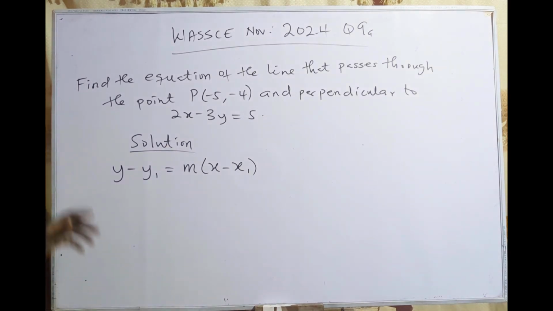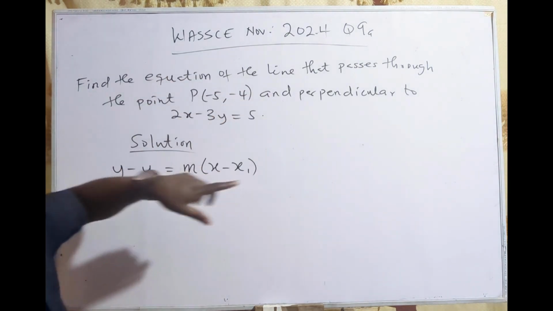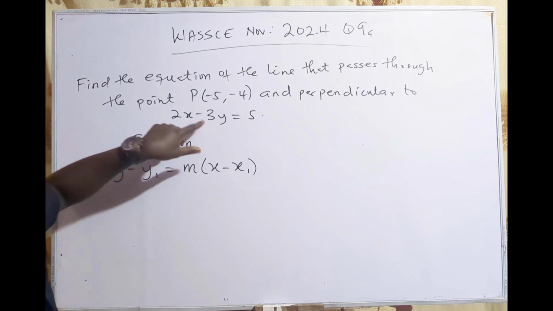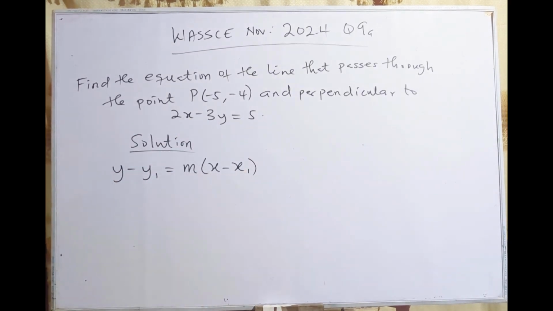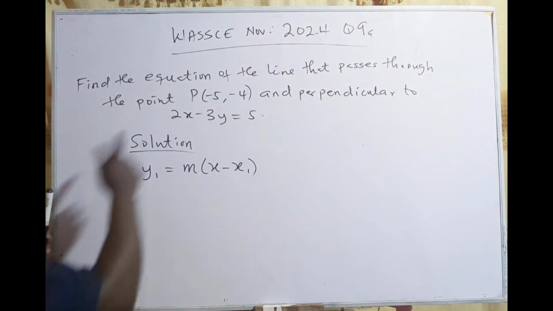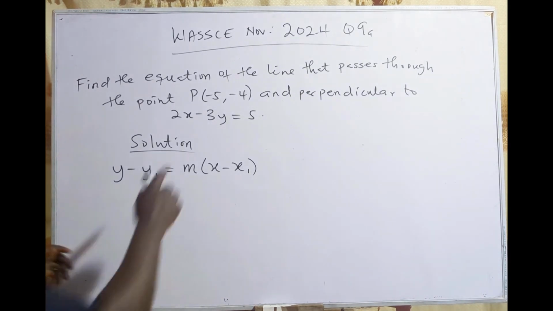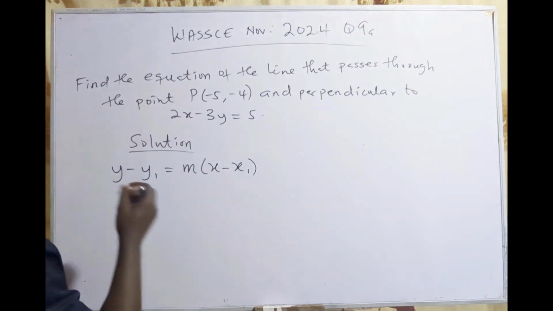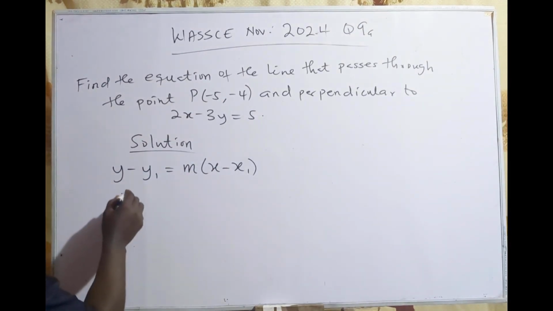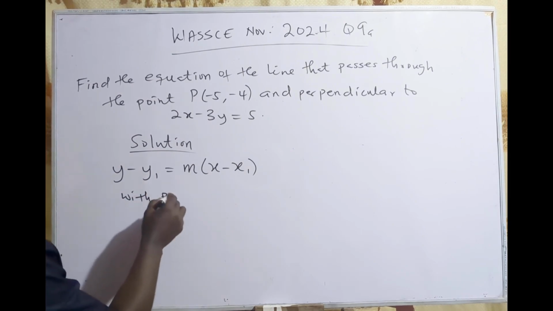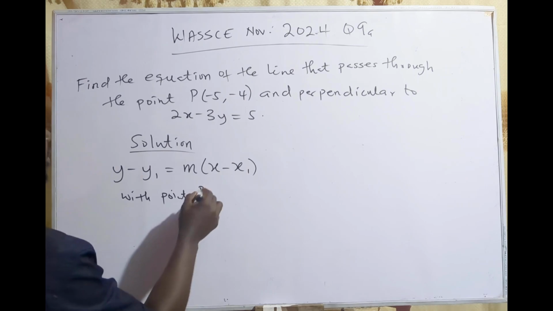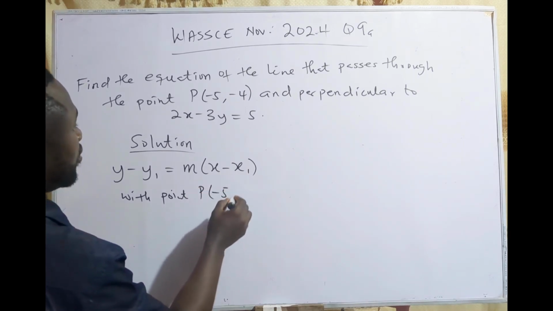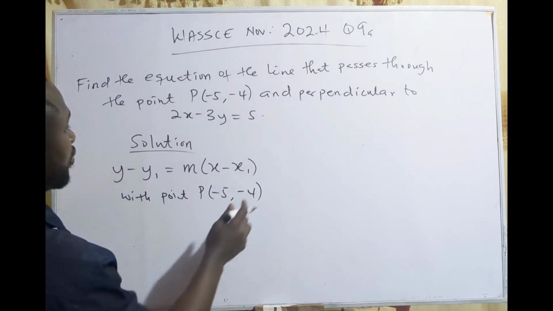You are supposed to find the equation of the line that passes through this point, but the line is perpendicular to 2x minus 3y equal to 5. The point P has been given as (-5, -4).